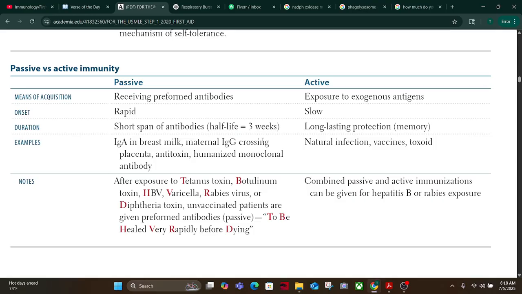IgA in breast milk. Colostrum has the highest amount of IgA. And antitoxin has antibodies to snake venom. Antitoxin and humanized monoclonal antibody both have antibodies to snake venom.